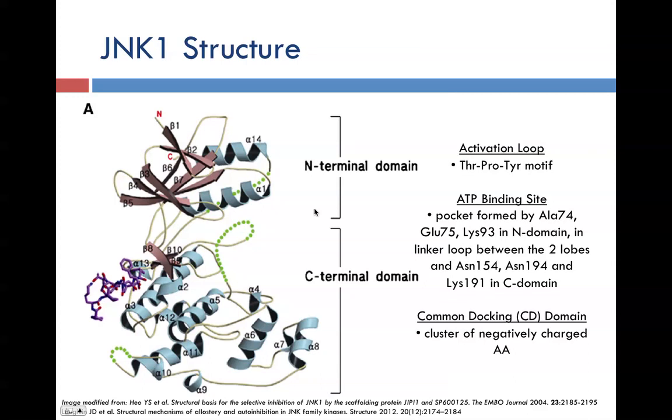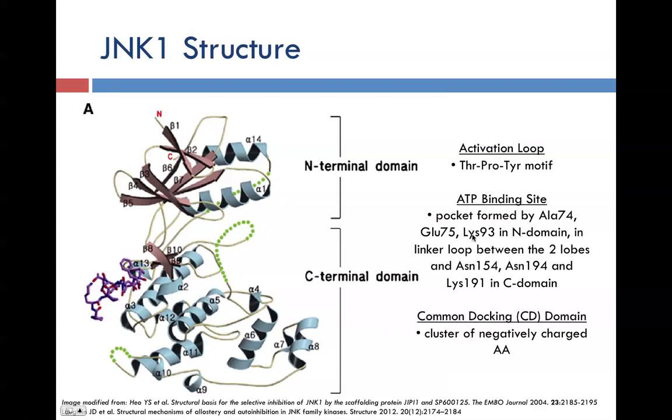So what we have is the ATP binding site, and it said in the article that it's bracketed by the A loop and the peptide docking site. Another word for peptide docking site that we're going to use is common docking domain, or CD domain. So the ATP binding site is in between the two, which is why I ordered them this way.